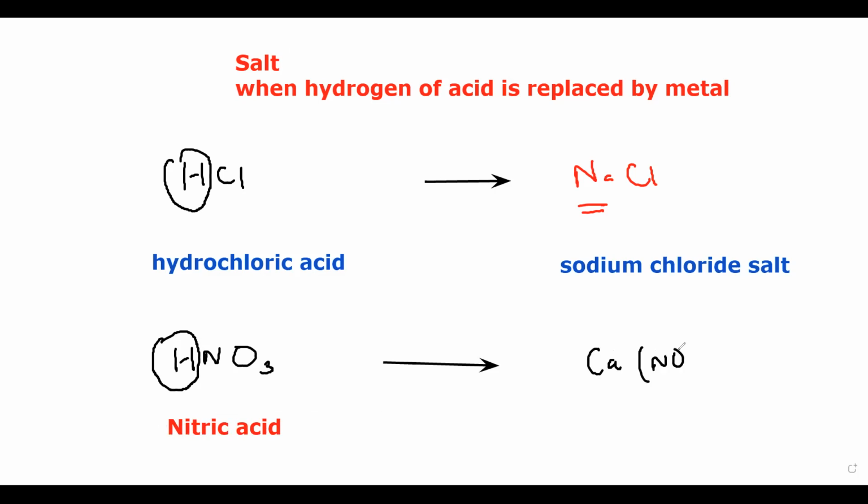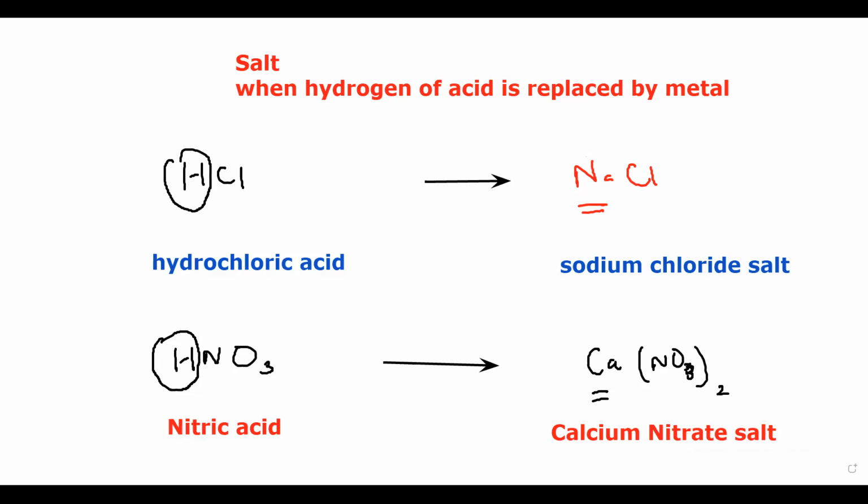So the formula for calcium nitrate will be Ca(NO3)2. As you can see, instead of hydrogen we have a metal, so basically this is calcium nitrate salt. So whenever the hydrogen of the acid is replaced by the metal, the substance formed is referred to as a salt.